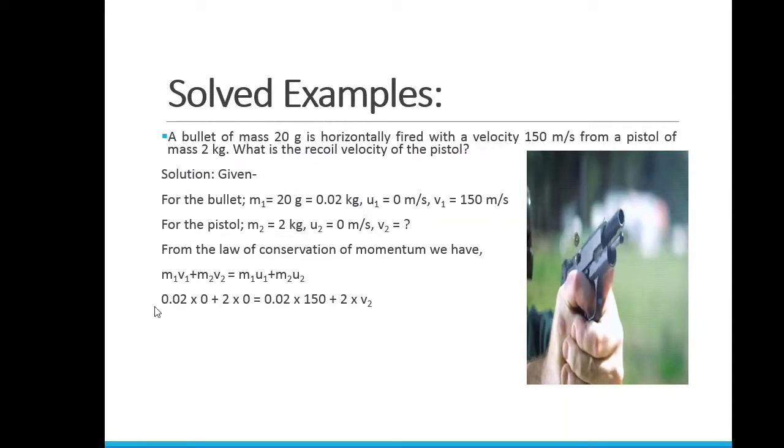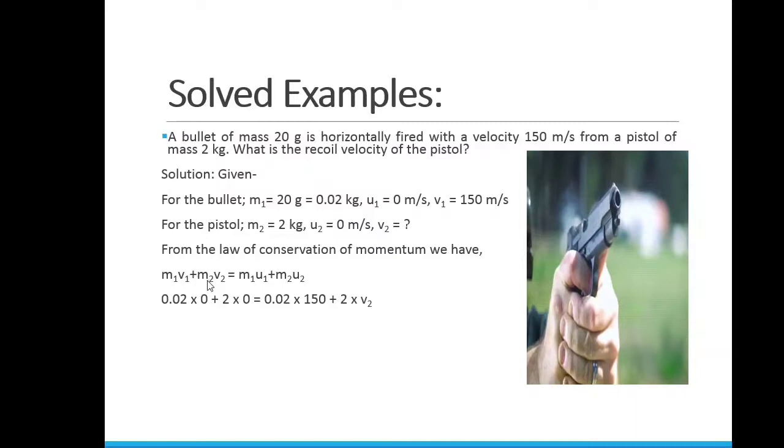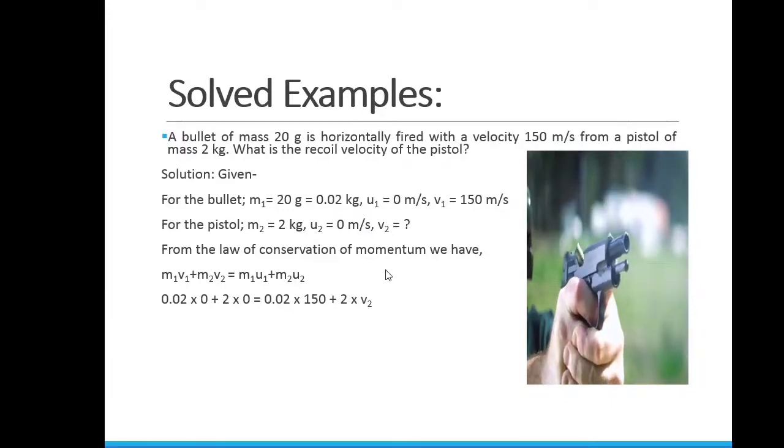Here m1 is 0.02 kg, u1 is 0, plus m2 u2, 2 kilograms into 0, is equal to m1 v1, 0.02 into 150, that is the final velocity, plus 2 into v2, that is the final velocity of the pistol.